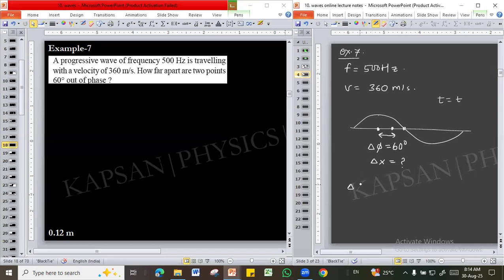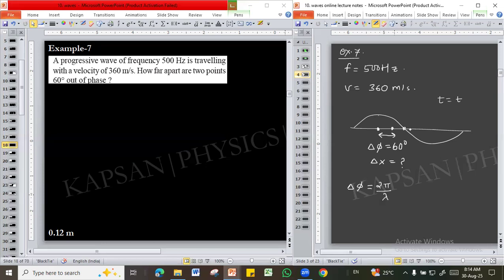We know phase difference is equal to total change in phase upon total distance.